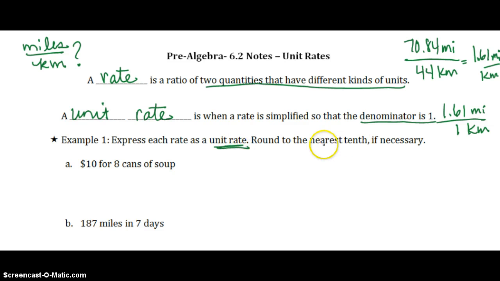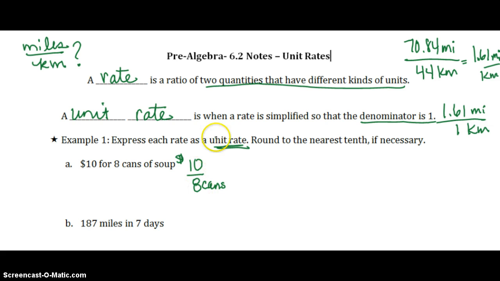We want to figure out the cost. If it's $10 for 8 cans of soup, we want to figure out how much it is for 1 can of soup. So you'll set up your ratio, 10 over 8, and this is dollars to cans of soup. And we'll want to simplify so that our denominator is 1.